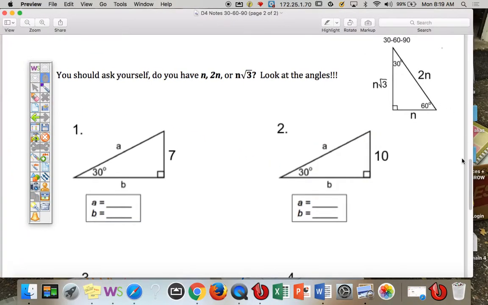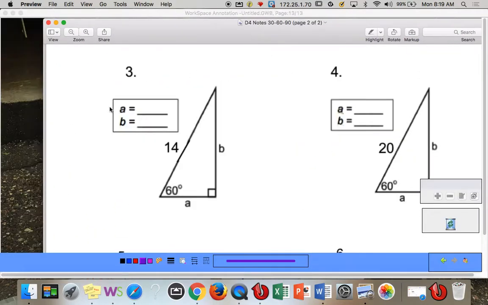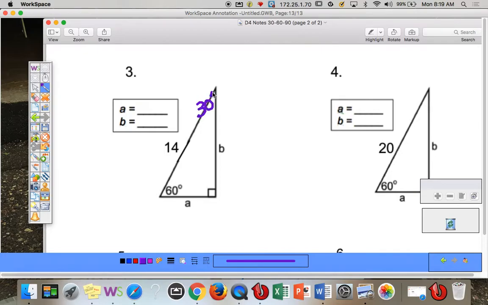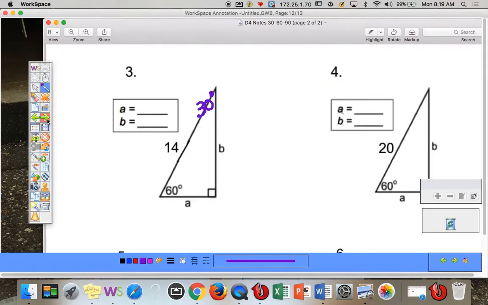All right, what if they give us a different side here? So now they give us 14 between the 30 and the 60. So you ask yourself, do you have n, 2n, or n square root of 3? And if we look at the picture between the 30 and the 60, that's 2n. So we have 14 equals 2n. Let's solve for n here. Let's divide by 2. So n is 7.